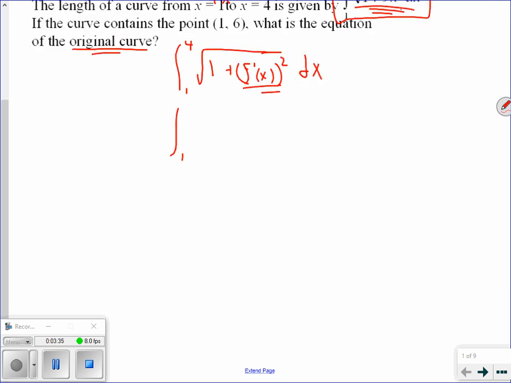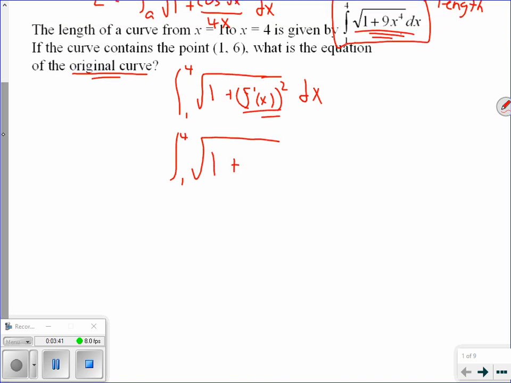We've got the integral from 1 to 4 of the square root of 1 plus, instead of 9x to the 4th, let's call that 3x squared, squared, dx. This is what the formula really looks like. Now we know that the inside of that squared function is f prime. So I'm given that f prime of x is equal to 3x squared.